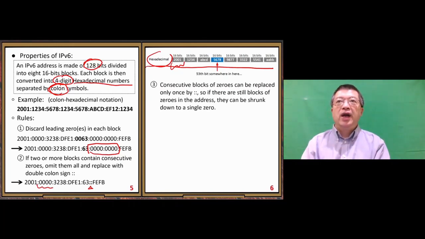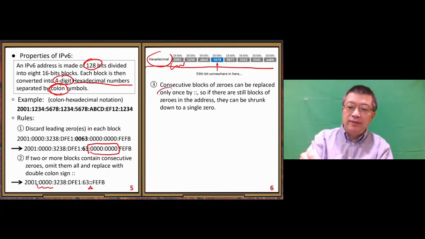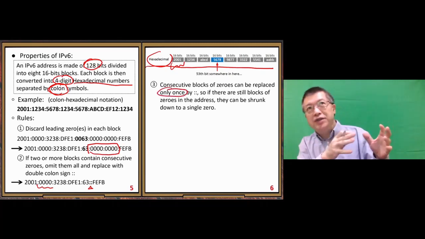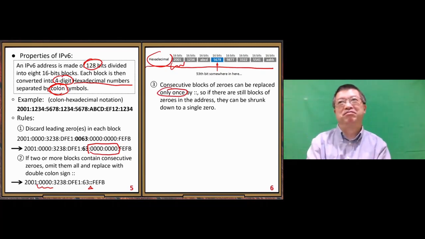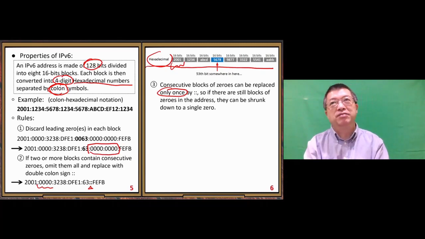Rule number 3. Consecutive blocks of 0 can be replaced only once. If you have several places, we only apply this rule once. Otherwise, we may get confused. Think about it: if we were allowed to apply that rule multiple times, people may get confused.